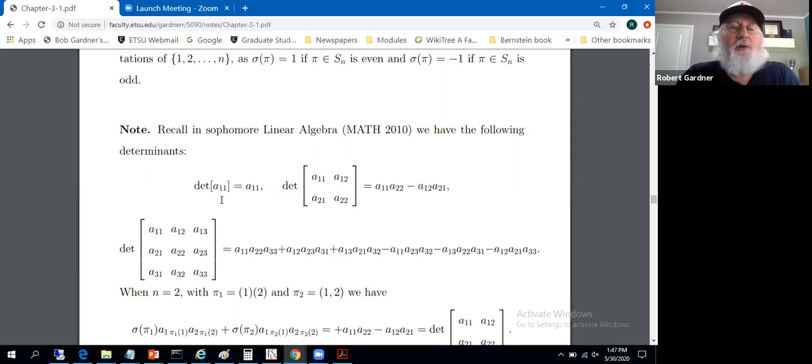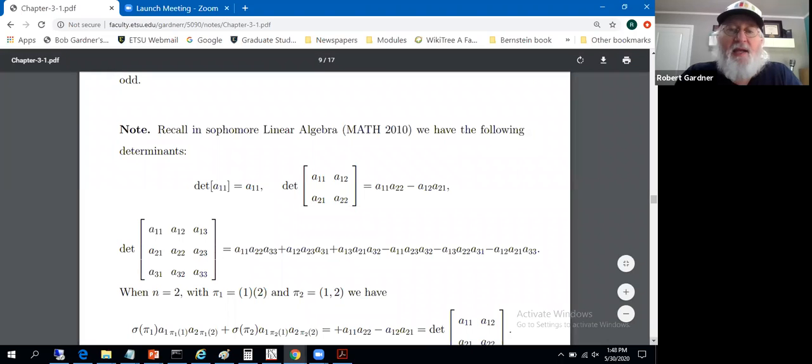But the determinant of a 1 by 1 matrix, A11, is just that entry itself. The determinant of a 2 by 2 matrix with the usual entries is A11 times A22 minus A12 times A21, the usual thing.